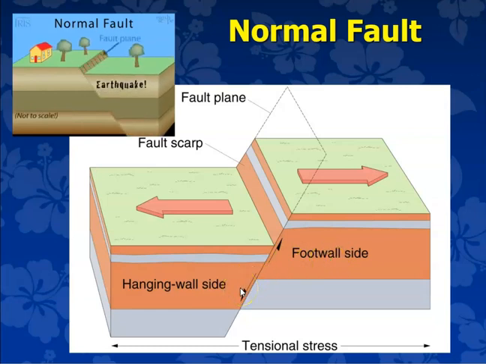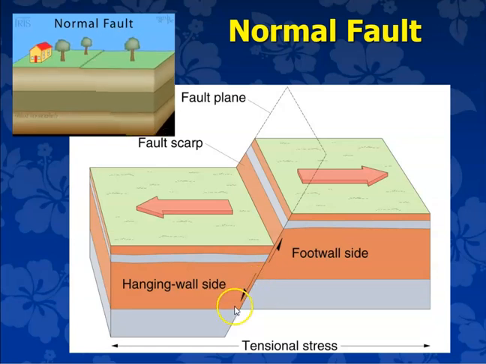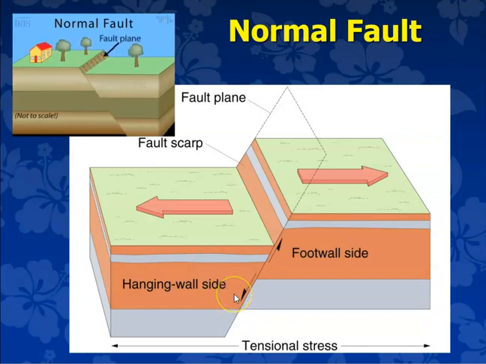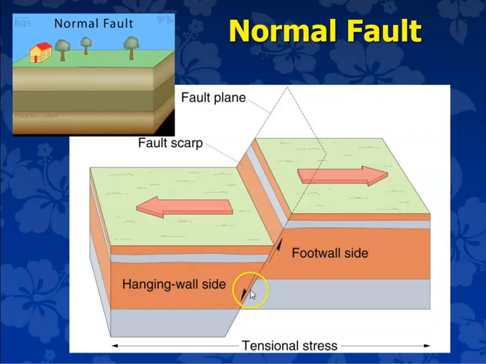Going back a few years to my geology class with John Cooper at Cal State Fullerton, his way to remember it was, if you were to stand on this fault line underground, your feet would be standing on the footwall side. Well, you're underground and it's dark, so you're going to need a lantern. Where would you hang the lantern? So you'd hang it on the ceiling above you. So the hanging wall, if you're standing on it, is where you'd hang your lantern.